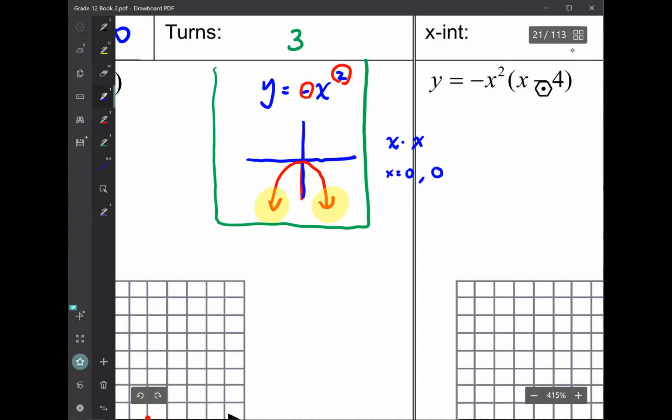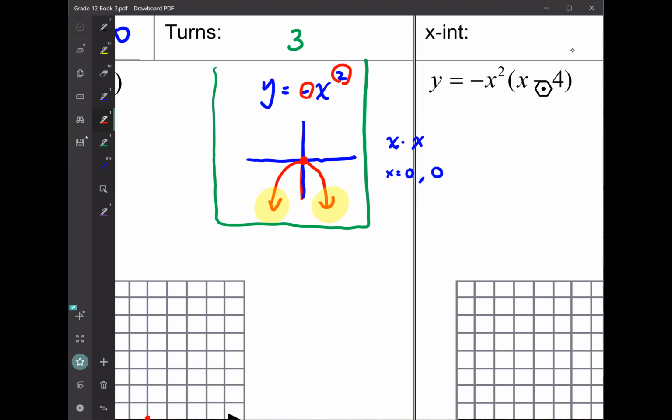So you have 2 x-intercepts that are the same. The only way to make that happen is for it to just touch it and then bounce back, right? So that's why for the parabola with x squared, it just touches the origin.